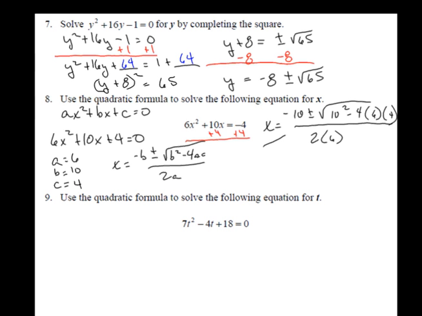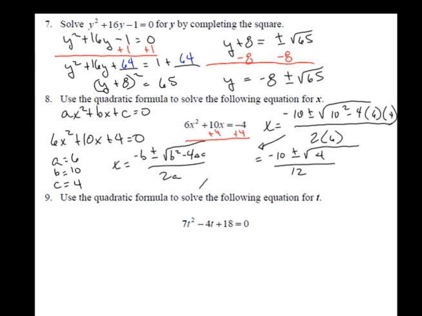So now I do a little bit of arithmetic. Negative 10 plus or minus the square root of, well, 10 times 10 is 100. And here I have 4 times 6 times 4, that's 96. And 100 minus 96 is 4, over 12.